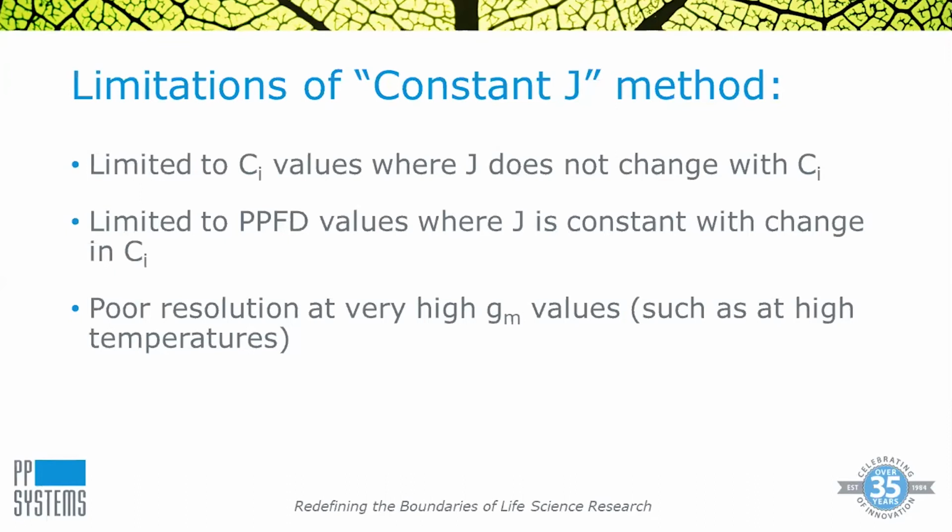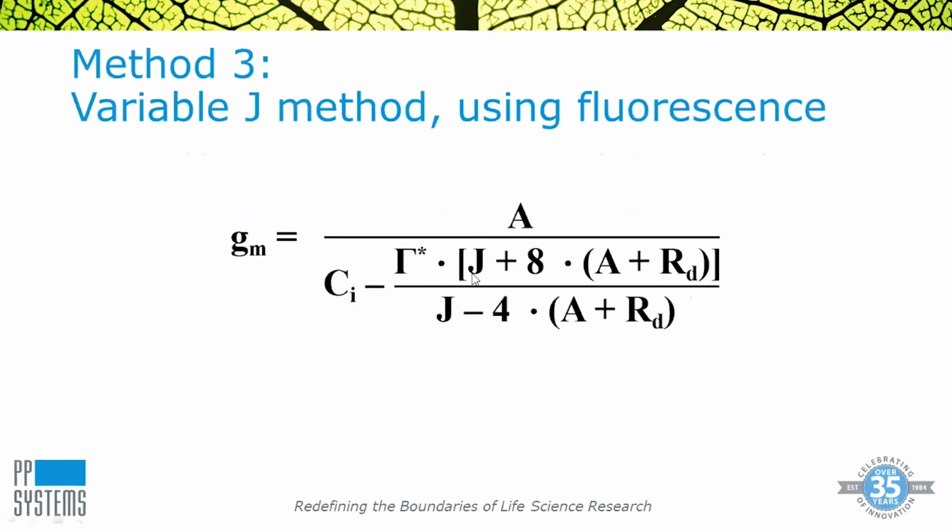Another limitation is that it has fairly poor resolution when gm values are very high, which happens a fair amount at fairly high temperatures. We'll see later that gm goes up quite a bit at high temperatures, so this method doesn't resolve gm values very well at high temperatures.